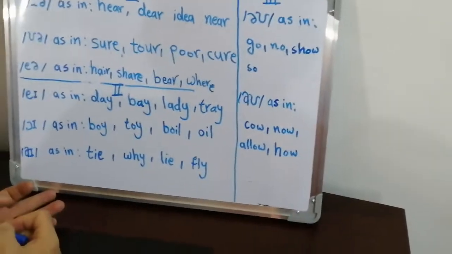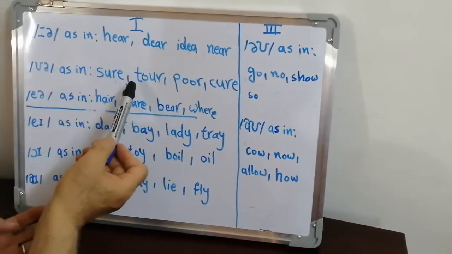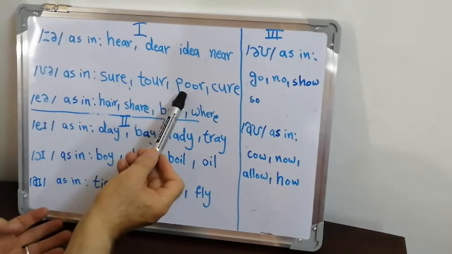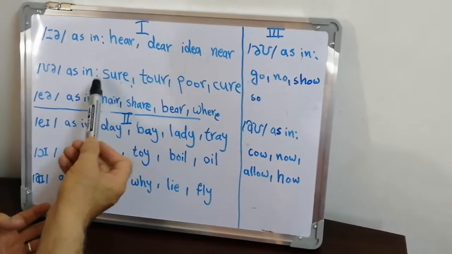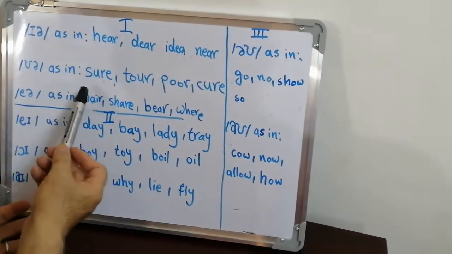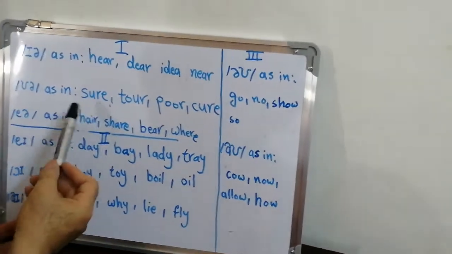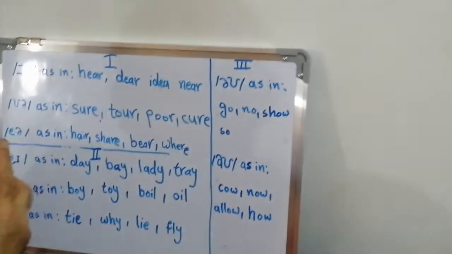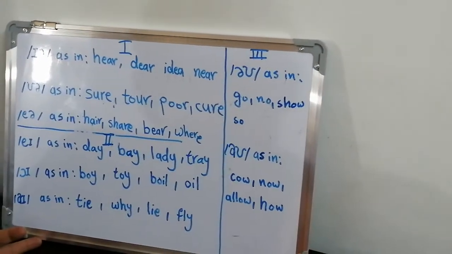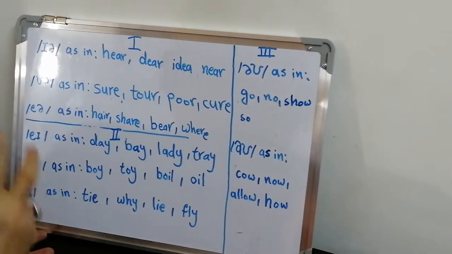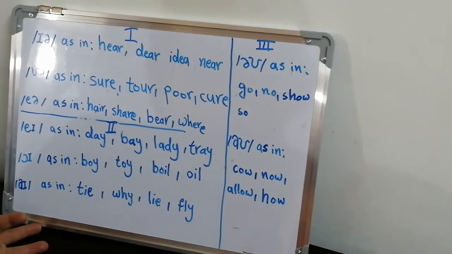The word I prefer you remember in order to remember the sound is, for example, sure. It's very easy to remember, and remembering this word will help you to remember the way this sound is pronounced. So I want you to think of more words having this sound depending on the word sure.